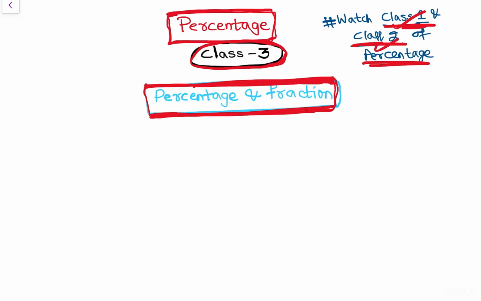See, first let's know what a fraction is. A fraction is any number written in the form of a by b, where a is called the numerator and b is called the denominator.